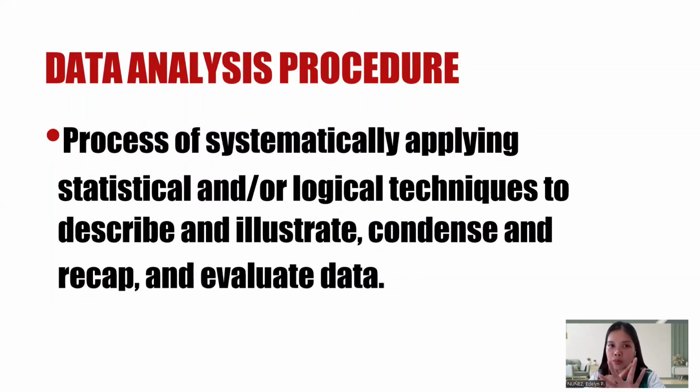Now, your research instrument should align to your data analysis. So if you have four objectives, then you have four data analysis procedure paragraphs. Like in objective number one, we will use such and such test because the scale of the data is nominal and nominal. Okay, you need to mention that.